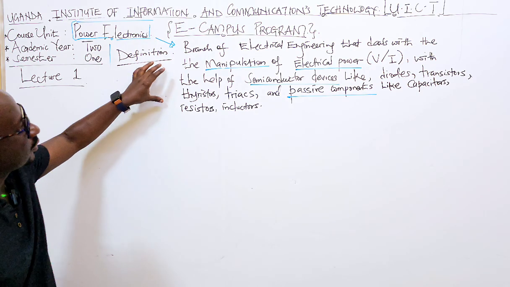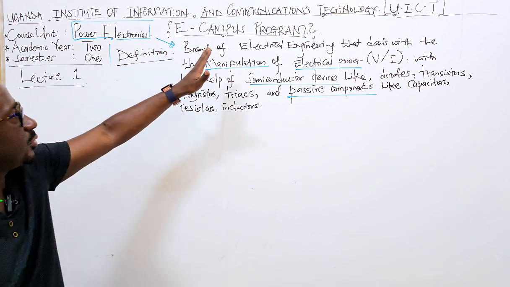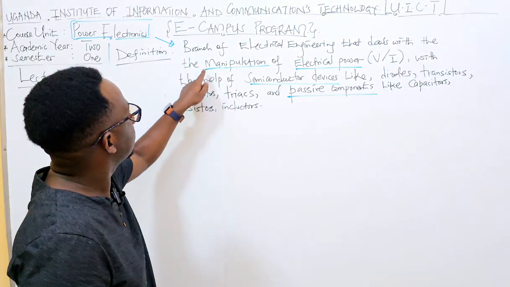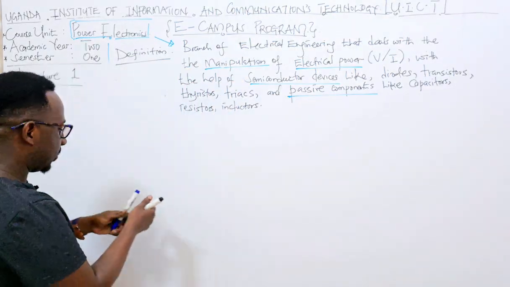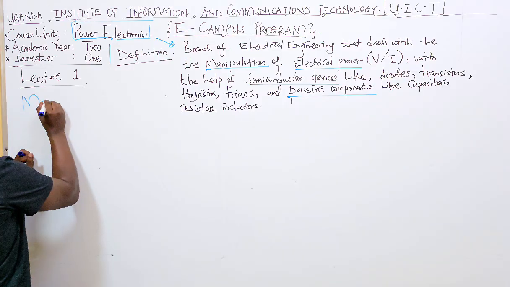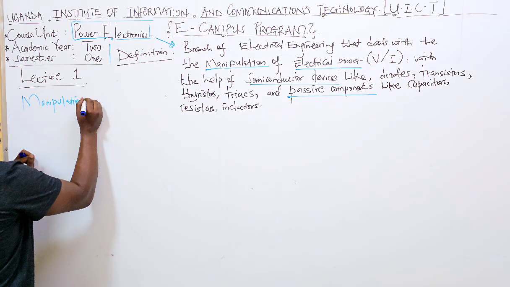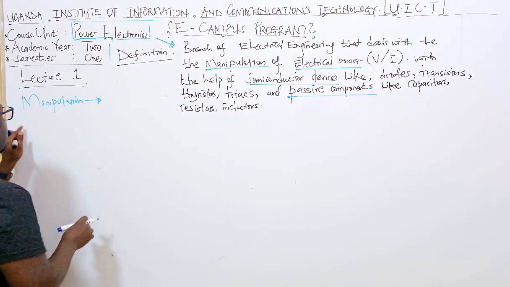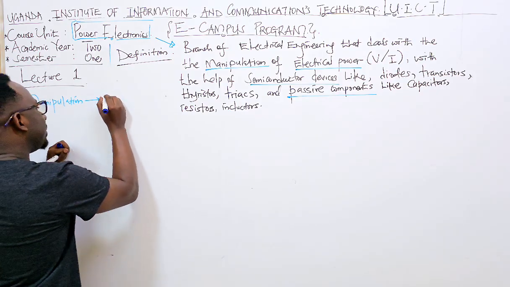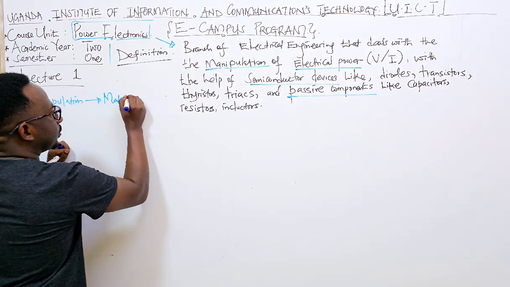So the moment we walk into that branch of electrical engineering whereby we are most interested in manipulating, manipulation in layman's terms could also interchangeably be used with making changes or modifying.